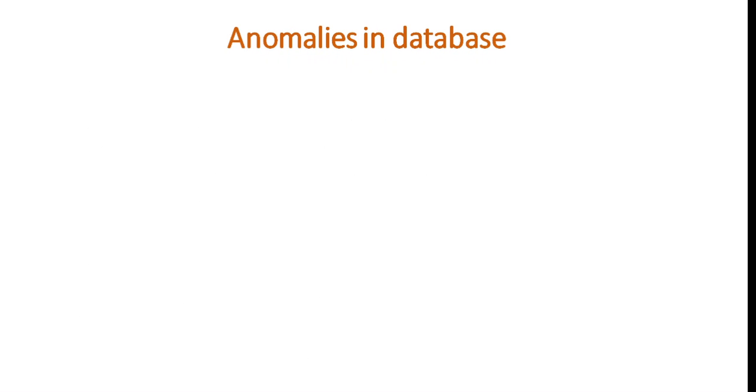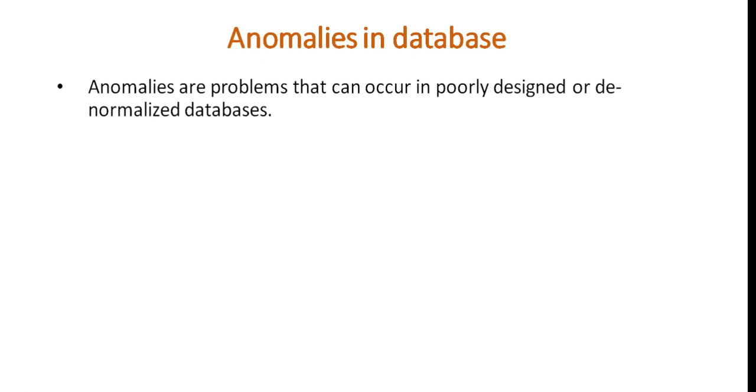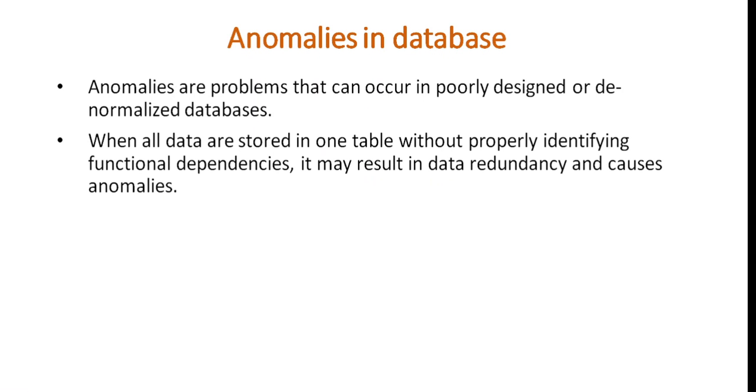Okay, so now one by one let's see what is an anomaly. Anomalies are nothing but the problems that occur in a poorly designed or denormalized database. When our database system is poorly designed or badly designed, then these types of problems or anomalies occur in a system.